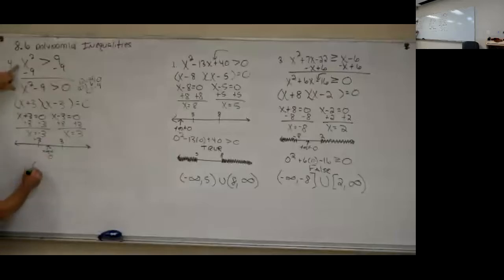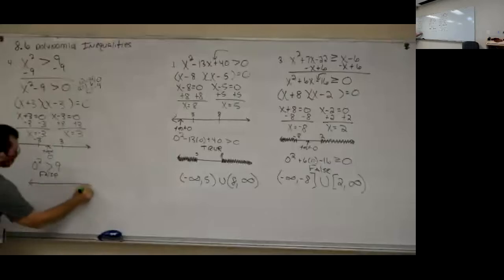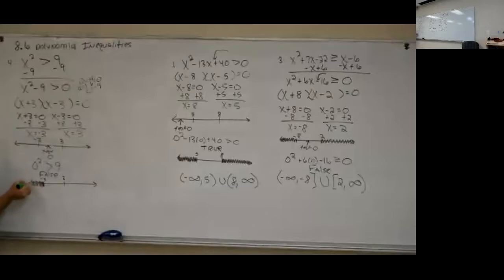I got 0 squared has to be greater than 9. Is that true or false? That's definitely false. So I will not shade where my 0 was. I'm going to shade the outsides. So the outsides will be the left and then the right.